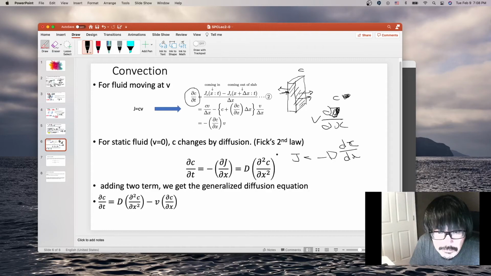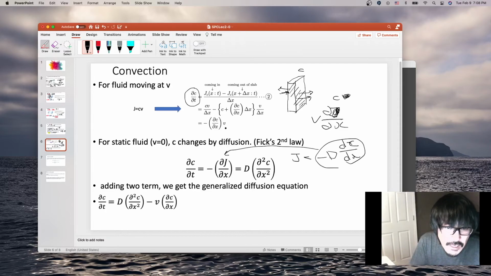So we're going to put that into here. Then you're taking the derivative of C with respect to x twice, right? So you get these things. Minus and minus is going to cancel out. You get this one. So that's the diffusion part.